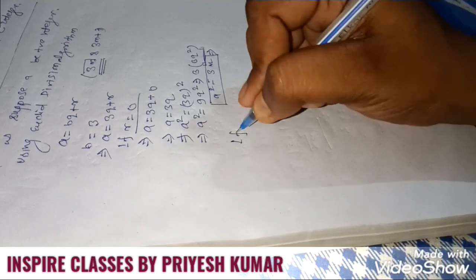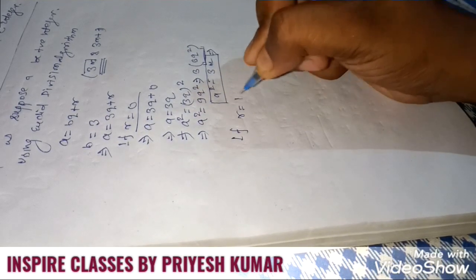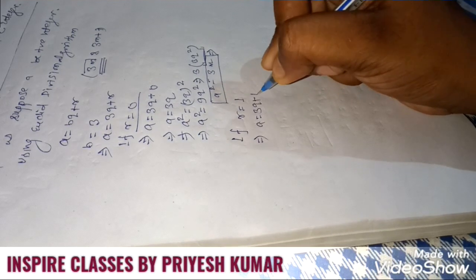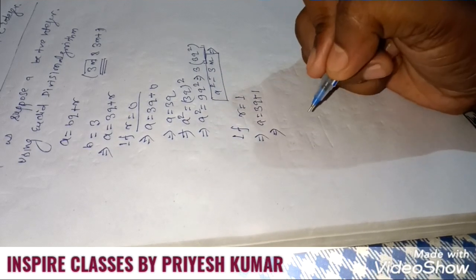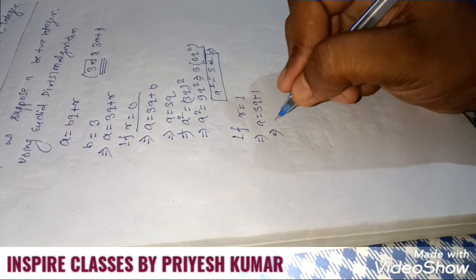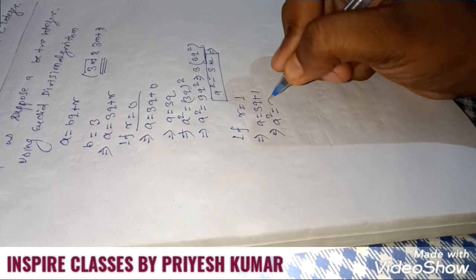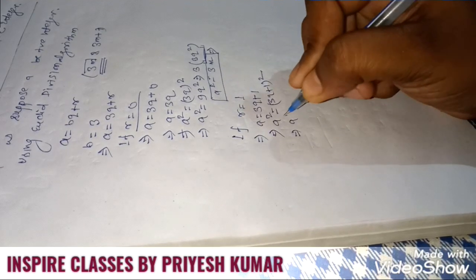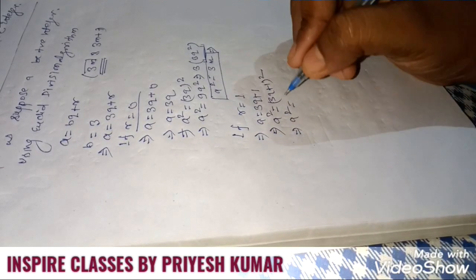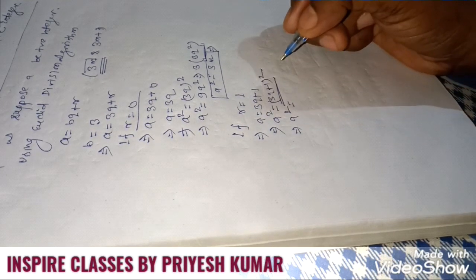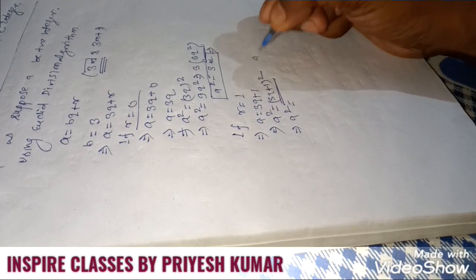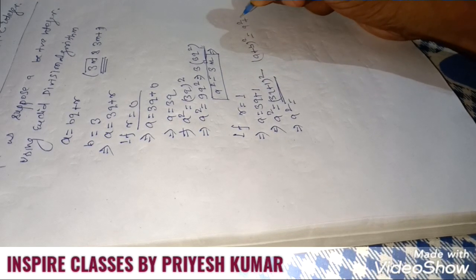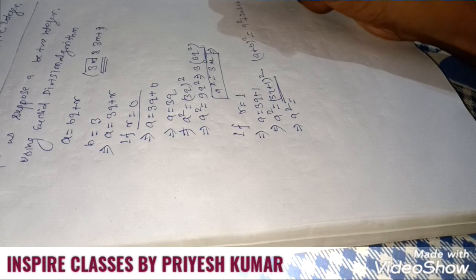Now if you put the value of r is equal to 1, the expression will be a is equal to 3q plus 1. In the same way, you will square both sides. This will be a square is equal to (3q plus 1) square. The expression can be expanded using the formula (a plus b) whole square, which is a square plus 2ab plus b square.